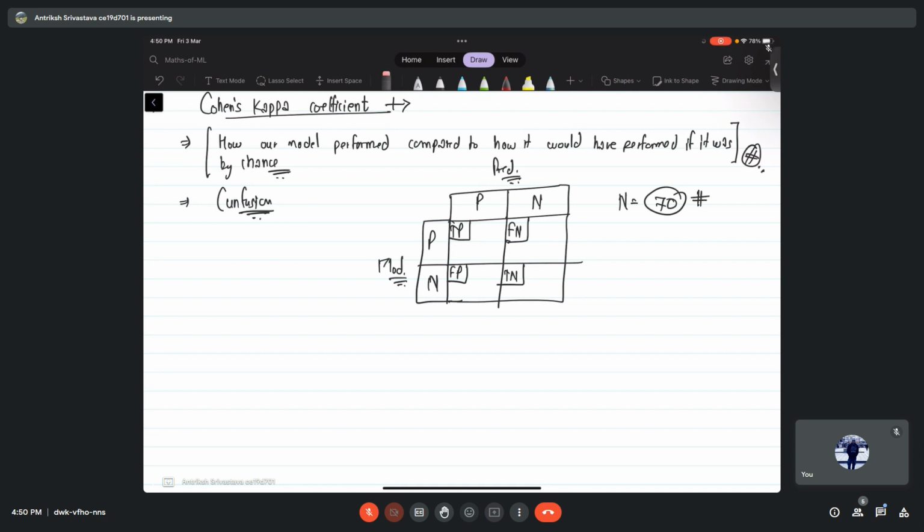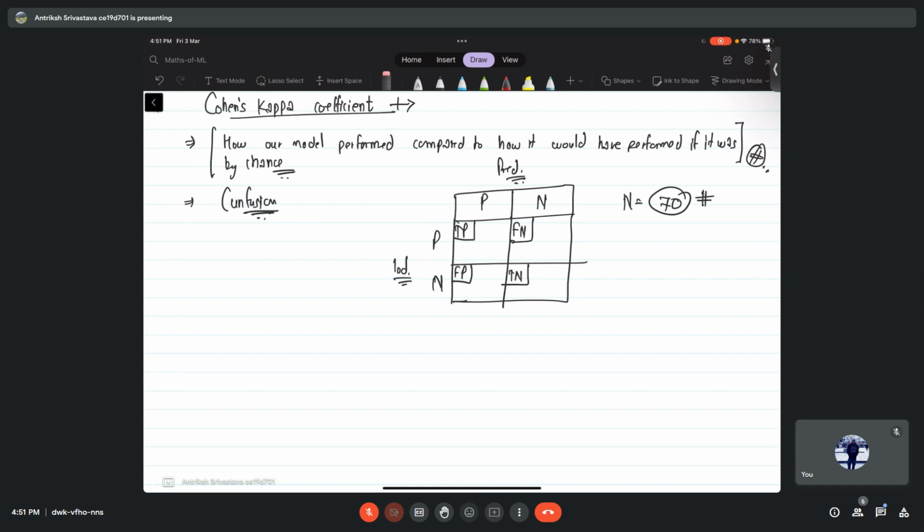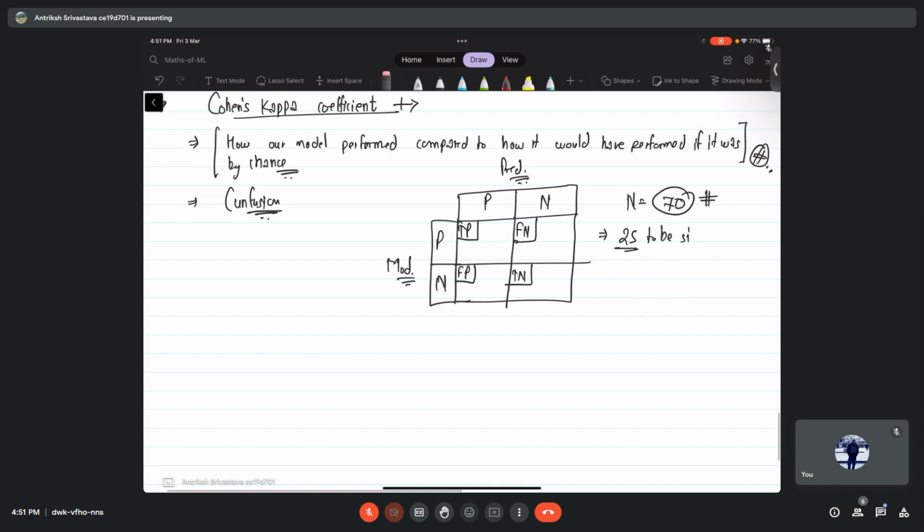Let me give you a simpler example. Our model predicted 25 people to be sick when they were actually sick.